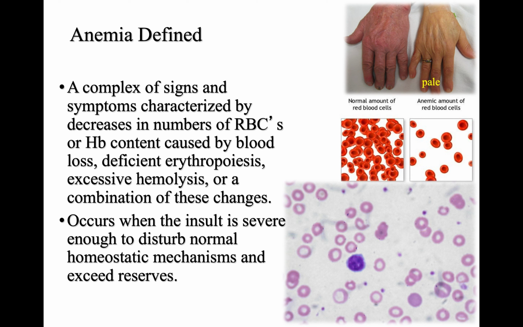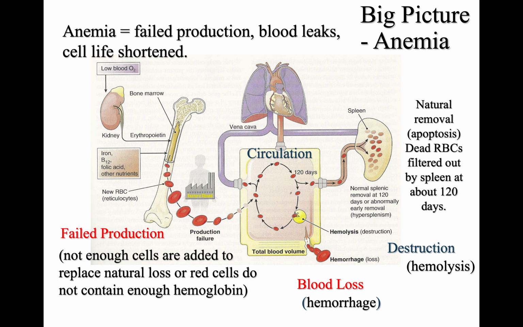And so anemia, it's complex signs and symptoms characterized by, again, decrease in numbers of red blood cells or in the hemoglobin content caused by blood loss, deficient erythropoiesis, excessive hemolysis or breakdown, or a combination of any of those. It occurs when the insult is severe enough to disturb normal homeostatic mechanism and exceeds reserves. So in our big picture of anemia we know is failed production, blood leaks, or the red cell life is shortened.